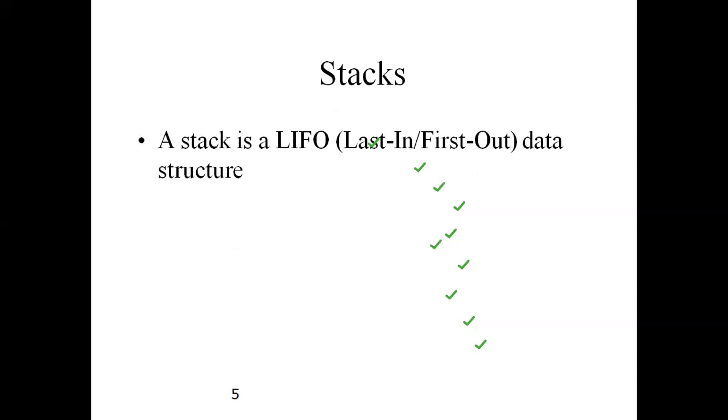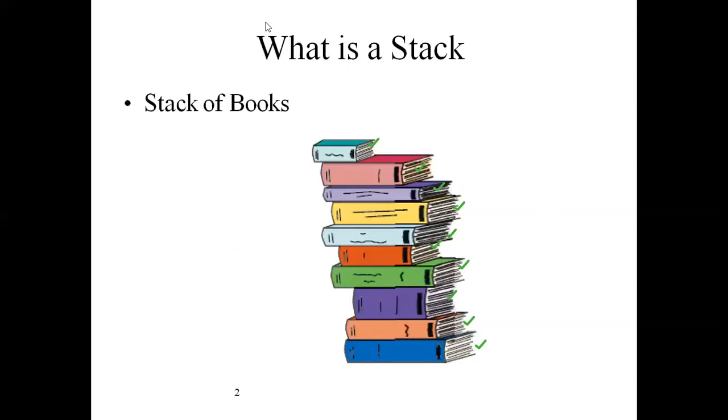Stack is a last in first out data structure. Last in first out means what? Already here, see the books. All 10 books are placed here, one upon another. If we want to take the third book, I'm highlighting the book, you can see.